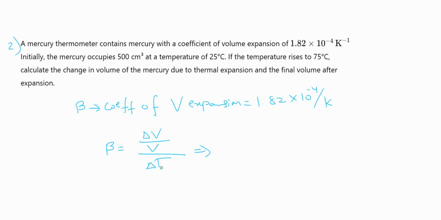The change in temperature in Celsius or Kelvin is the same. So T2 minus T1 is 75 minus 25, which is 50.